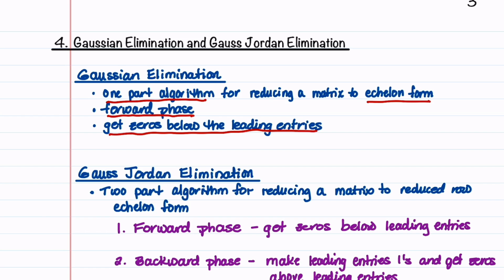The way that we're going to do this is we're going to work down and to the right. On the next page, I have an example that will go through this algorithm. So let's write down work down and to the right.